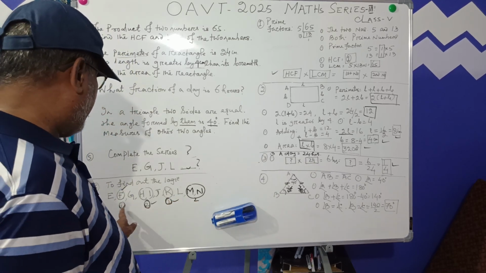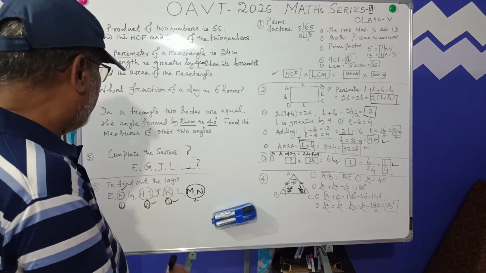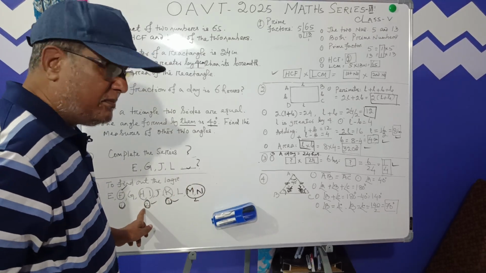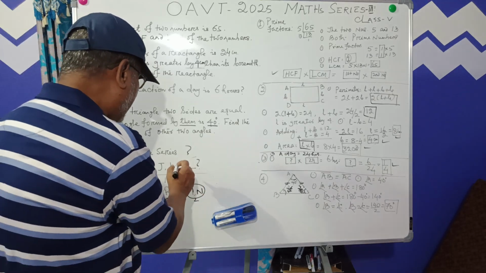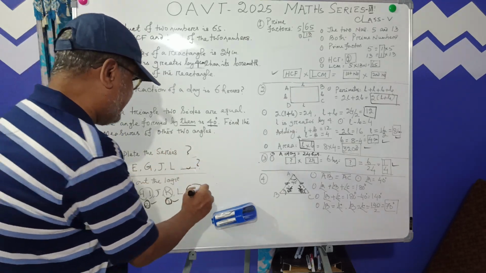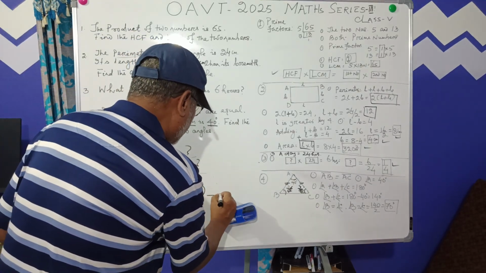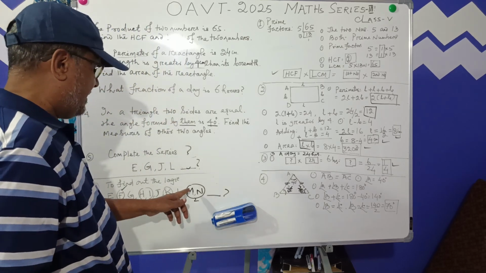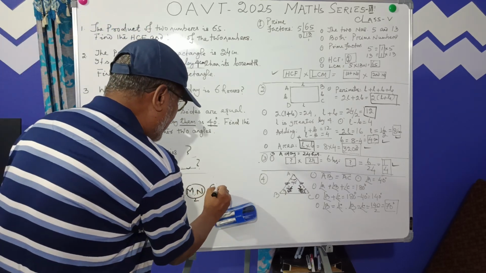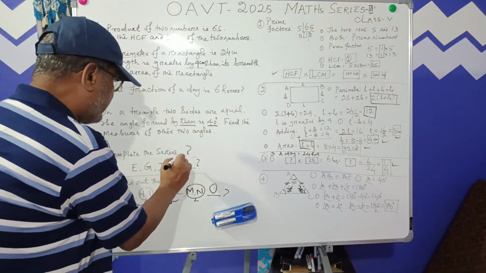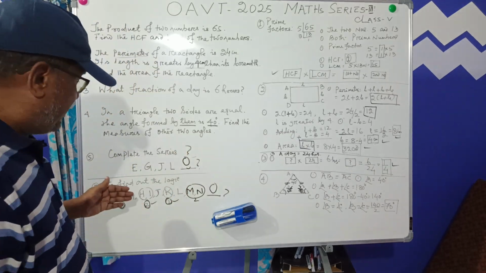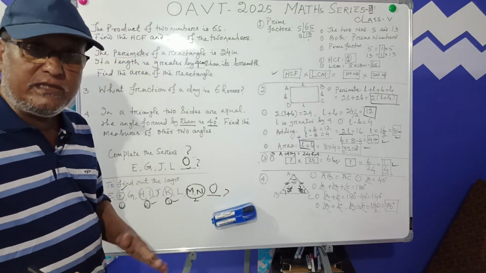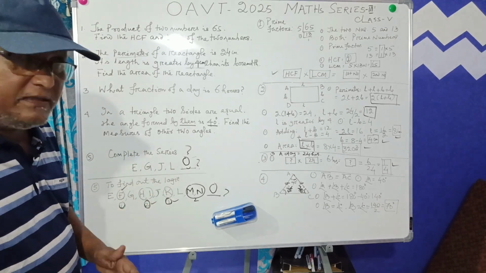Then 1, 2, 1, then two letters should be deleted. So L, M, N, you delete it. M, N, two letters. Then what is here? L, M, N, O. So here the answer is O. This is very simple, but you have to find out the logic behind the series.